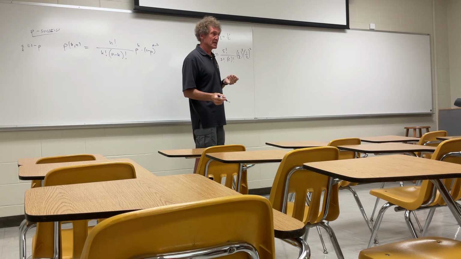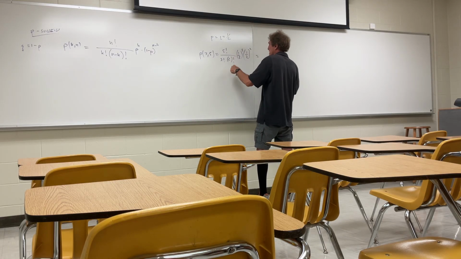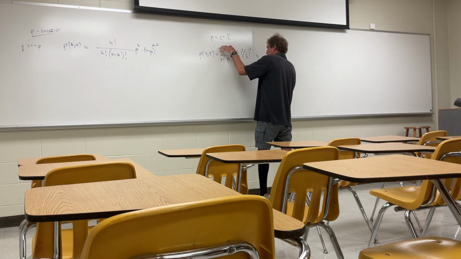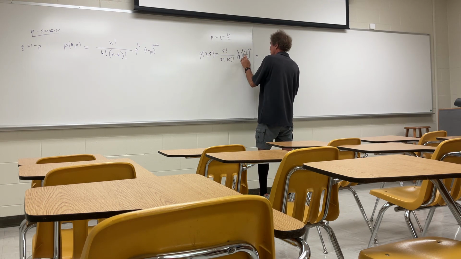Y'all follow me, class? If you get that, 5 factorial over 3 factorial means I have 5 times 4, or 20 over 2, or 10, and then I have 1/2 to the 5th power, right?